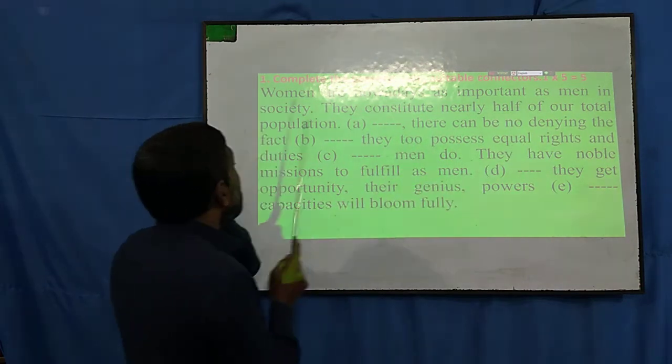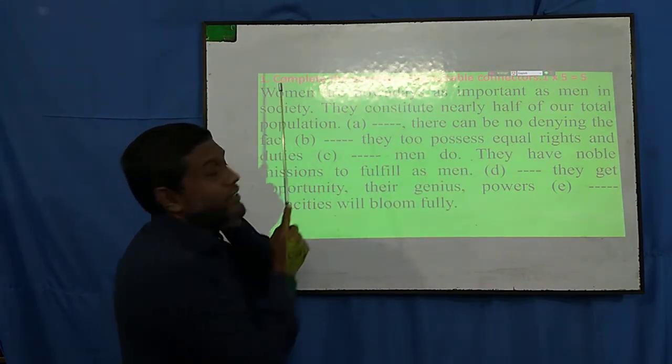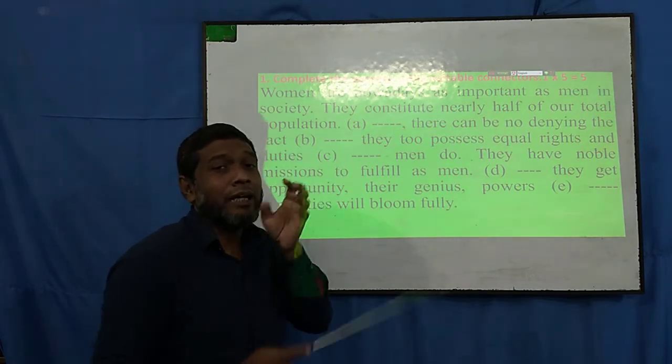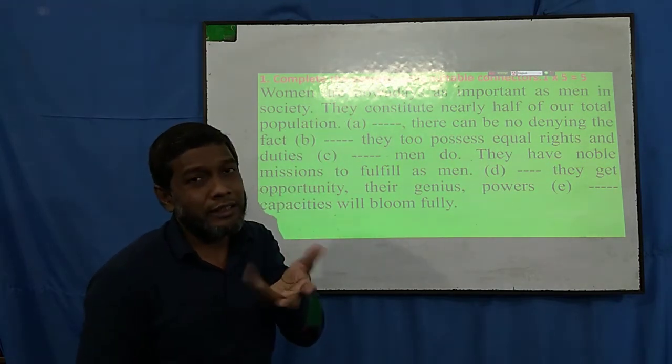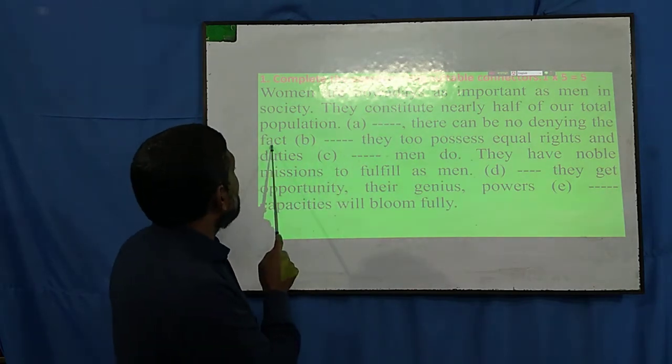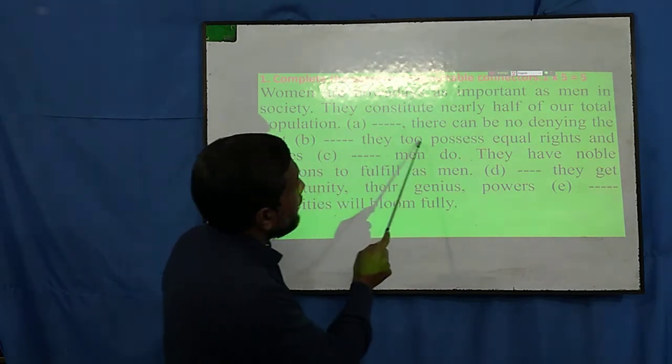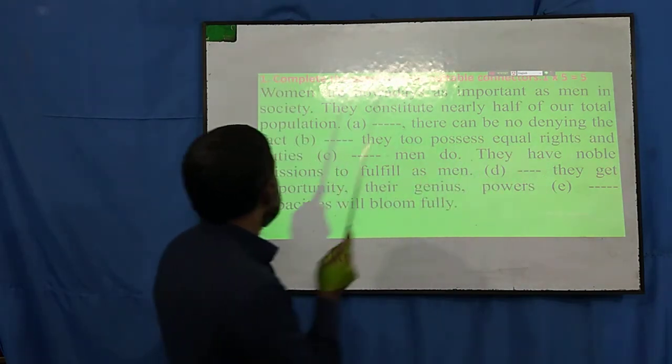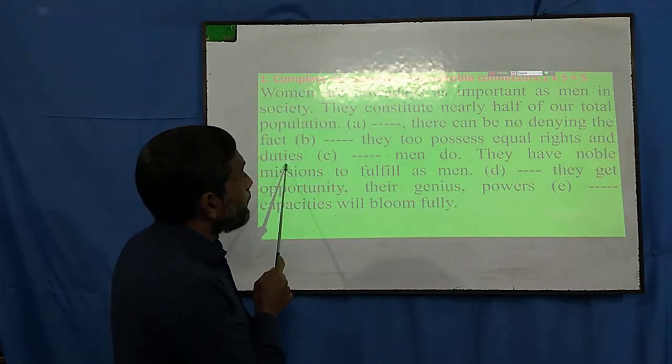"There can be no denying the fact that..." Well, I know that "that" is used to connect two clauses easily. So, "fact that they two possess equal rights and duties."